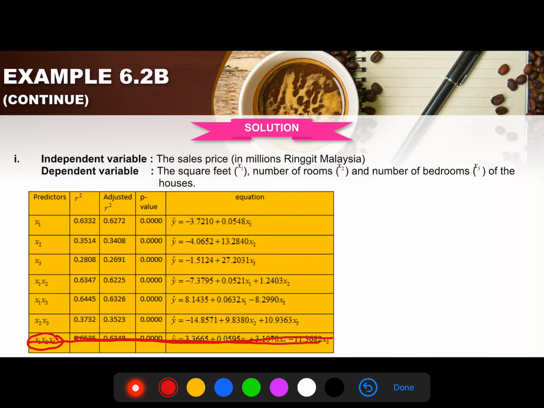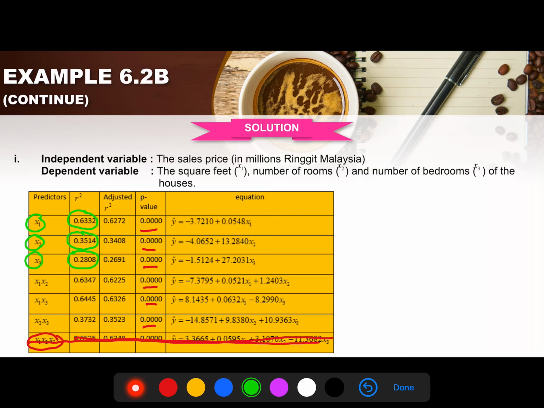Okay, next, find the smallest p-value. If you look here, all the p-values are 0, less than 0.05. So all the predictors are significant. Next, we have to look at the highest coefficient of determination. For x1, we take this R square because of simple linear regression. x2, this one, and x3, this one.